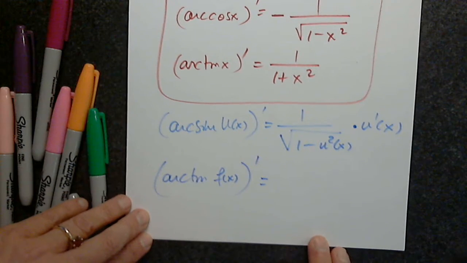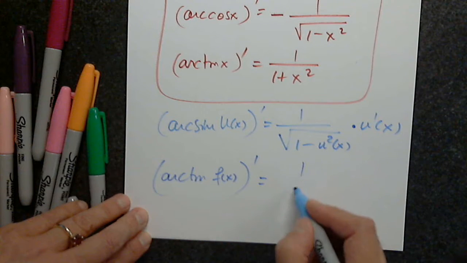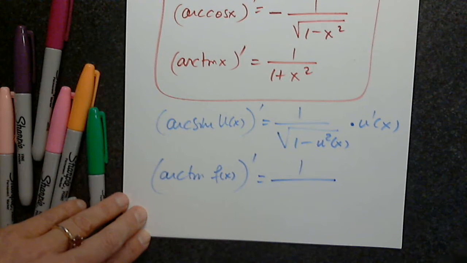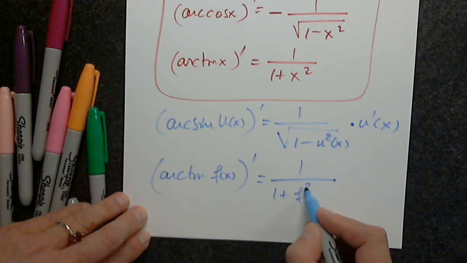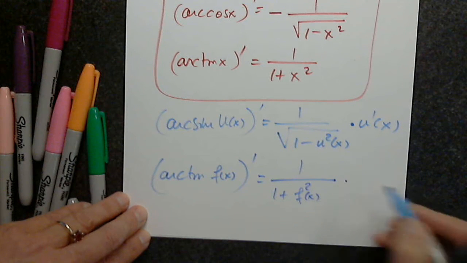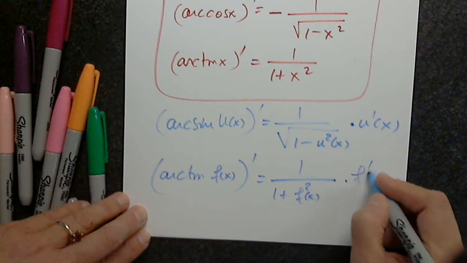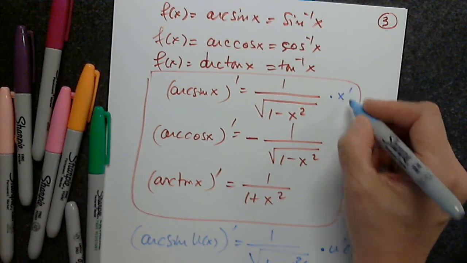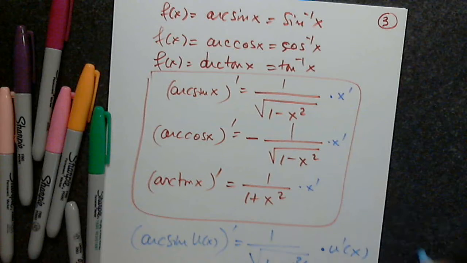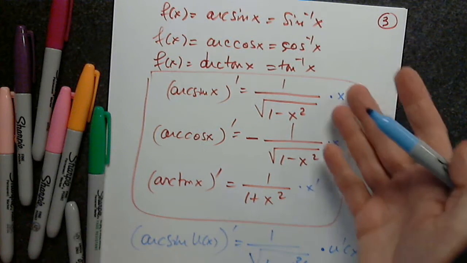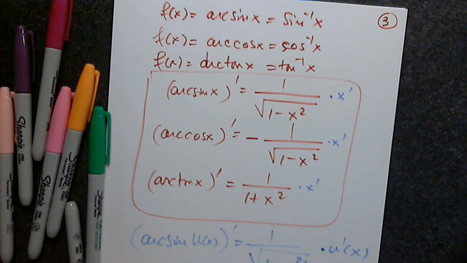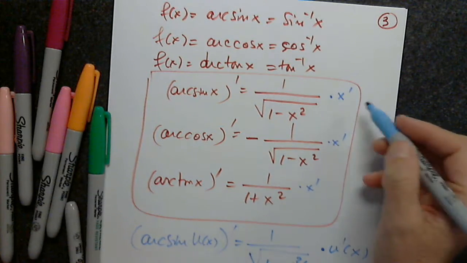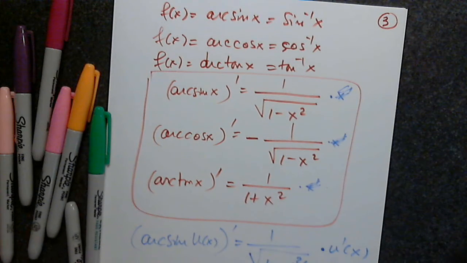What would that equal? 1 over 1 plus that function of x squared, times f prime. Here we should be writing times x prime, but why don't I write it? Because x prime is 1. There is no need, but the correct formula should have x prime in there.